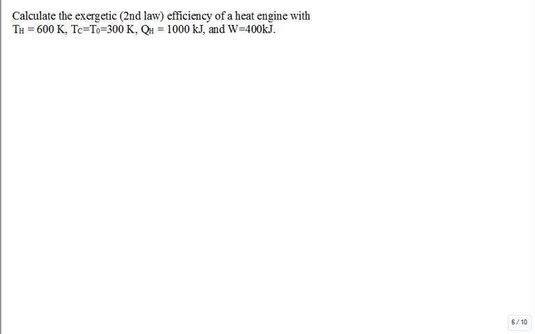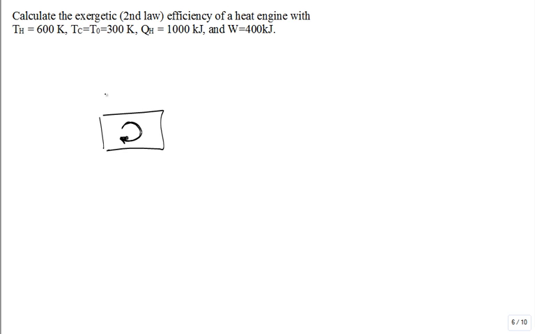One last exergetic, or also called second law efficiency, and it deals with heat engines. Okay, so I have a heat engine here. It's a system. Why do we put a box with a circle like that? What's that circle, going around like this? What does that indicate? It's a cycle. The system's operating in a cycle.